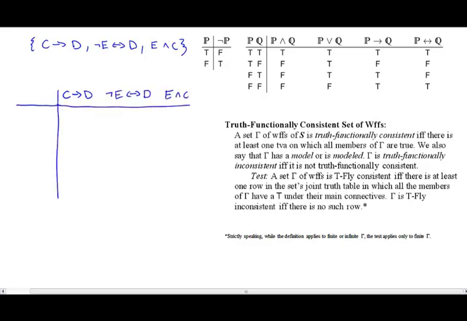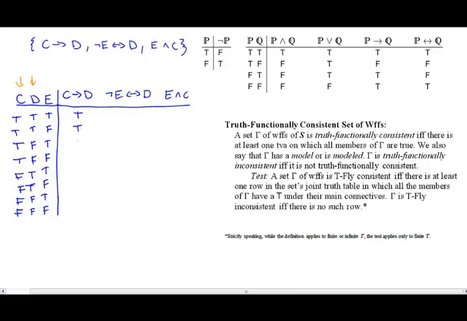Now we have three distinct basic components here, so we're going to have 8 rows to this truth table. So we'll generate the basis columns like so. And if we look at the leftmost formula, C arrow D, and we pay attention to these two columns here, we can see on the first row we've got true antecedent, true consequent, which gives us a true.